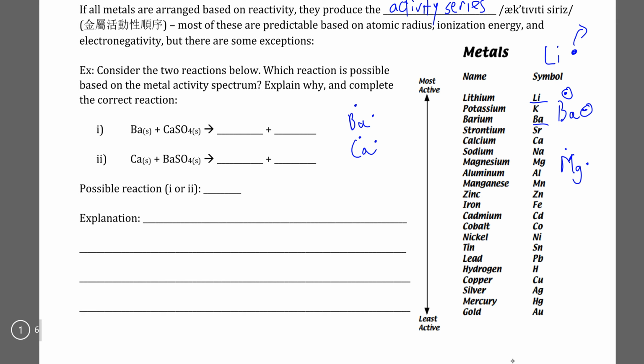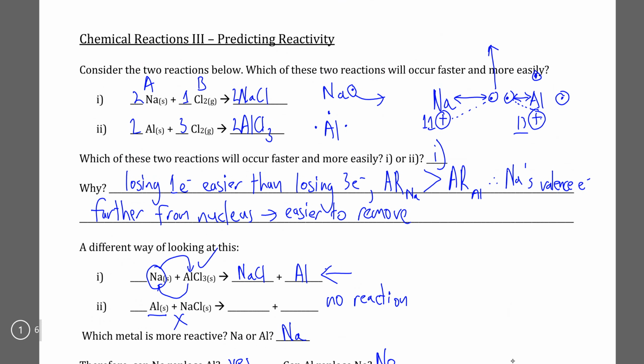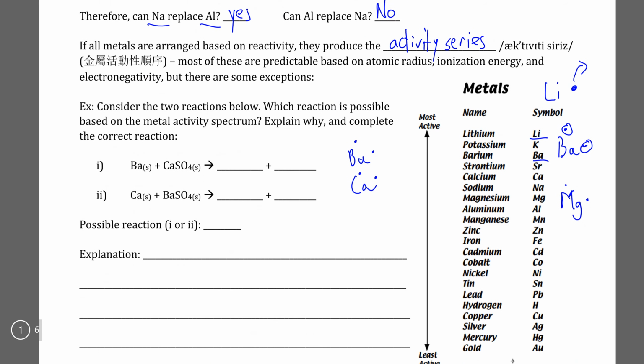So see if you can use the metal activity series and correlate that with your knowledge of periodic table trends and figure out whether reaction 1 or reaction 2 is the reaction that occurs, and justify which reaction will not occur based on your knowledge of the aforementioned periodic table trends.